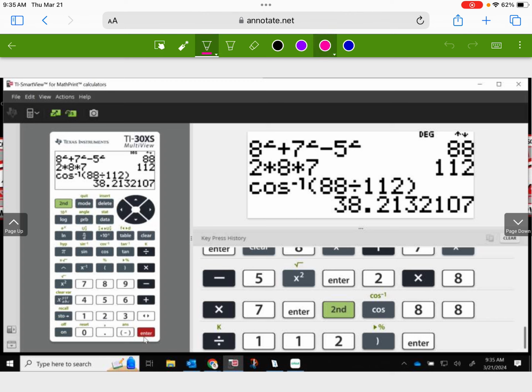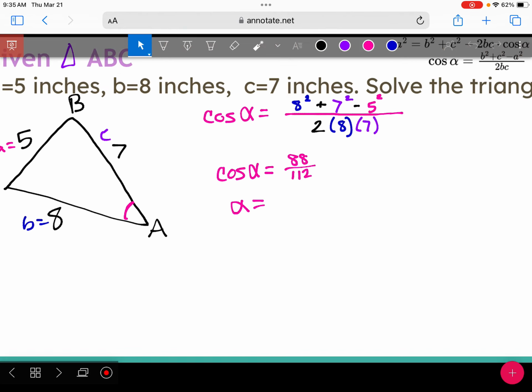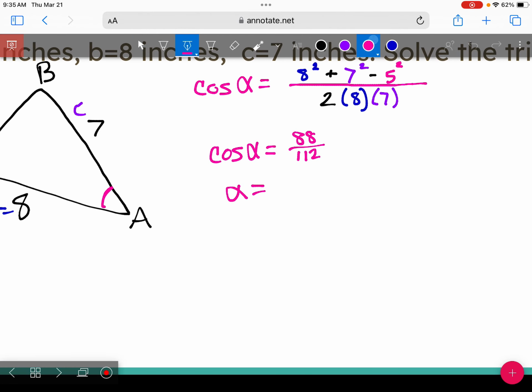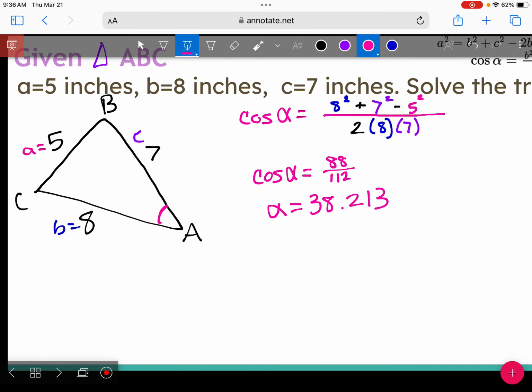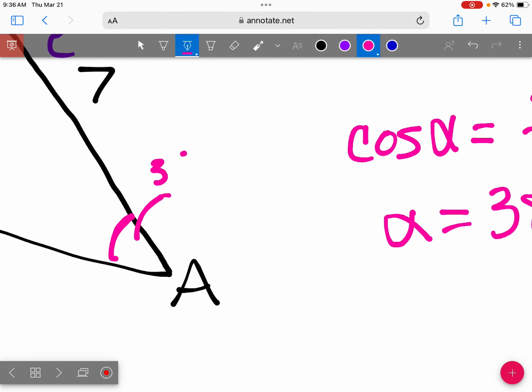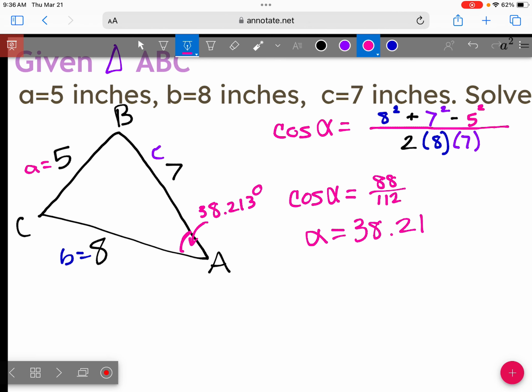And so we get that our measurement of alpha is 38.213.